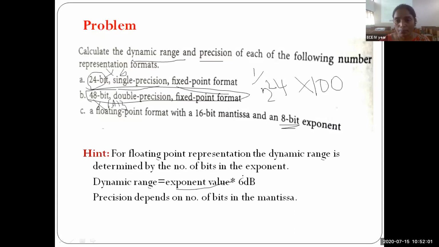And precision is determined by the mantissa. So here precision is 1 by 2 power 16 into 100. Now note the formula: for floating point, dynamic range equals exponent value into 6 dB.